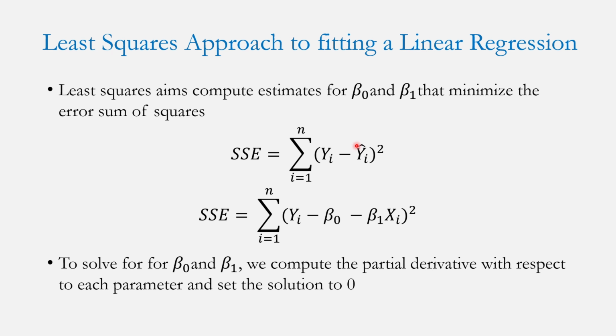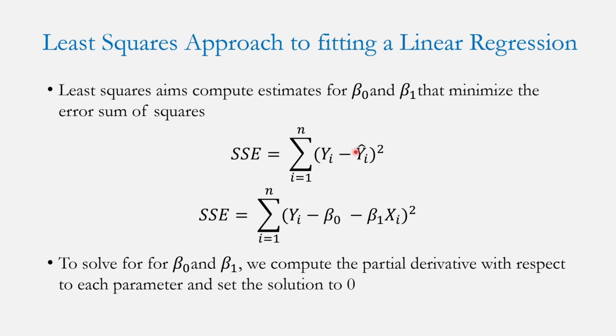Whenever we have a hat in an equation, we are showcasing estimators. So we want the difference between the actual value and the estimated value of y to be as minimum as possible so that our model can be a depiction of real life. Just as I've mentioned, beta naught minus beta 1 xi, this part is the estimated part.